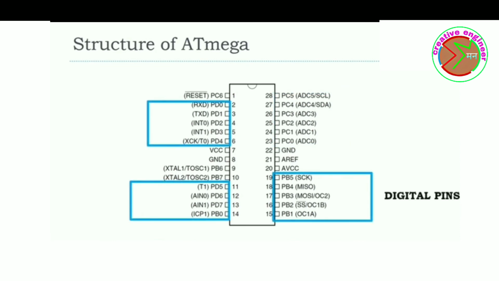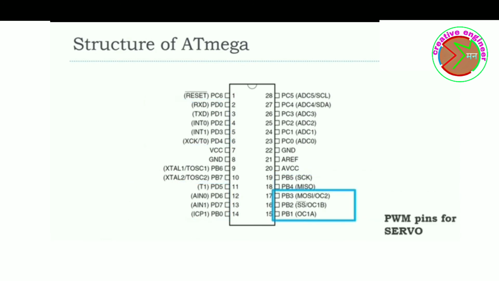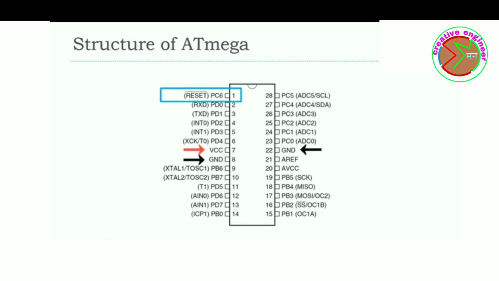All the pins of port D and the first 6 pins of port B are digital in nature. Pins 15 to 17 can be used for pulse-width modulation to operate servos. There are also pins for VCC, ground, reset, and clocks too.